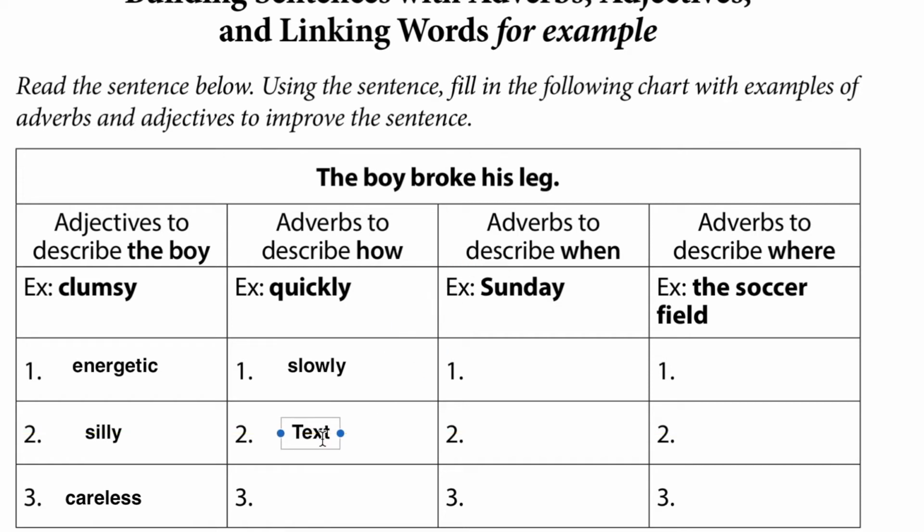I wrote noisily for the cat, but I'm going to write it here too, just as another example. Noisily. And the boy broke his leg. Move this over here. Well, loudly. Okay, those are all adverbs that describe how.